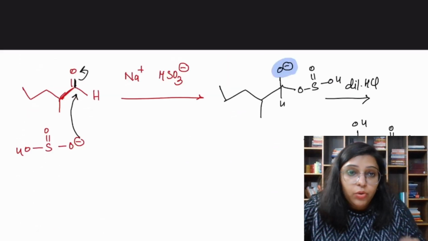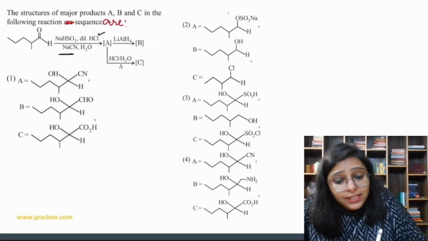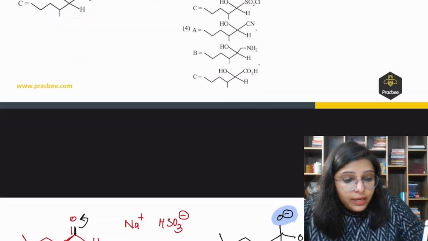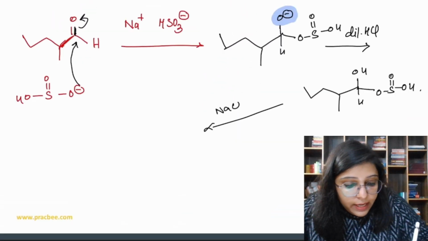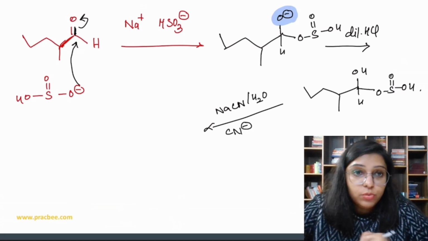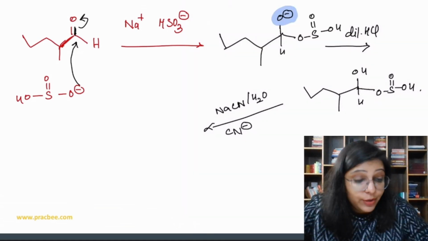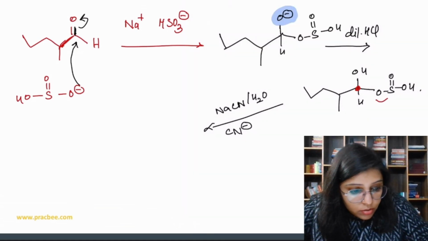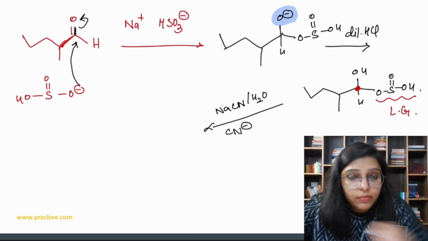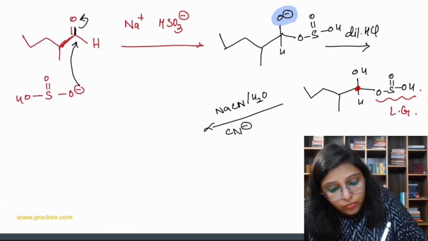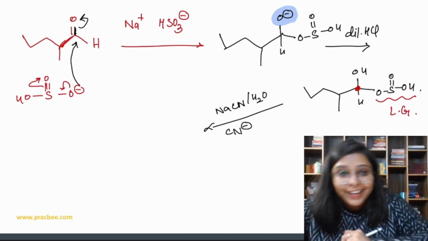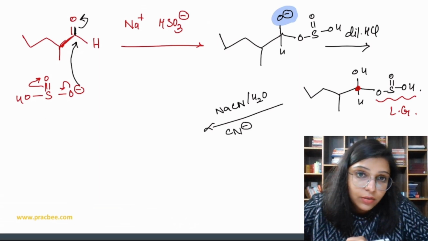Now next part. We have NaCN and H2O. It means NaCN in the presence of water gives CN minus as a nucleophile. A nucleophile can attack this carbon. Why? Because this is going to be a good leaving group, which is resonance stabilized. See, we have resonance over here. So a resonance stabilized group is a good leaving group.